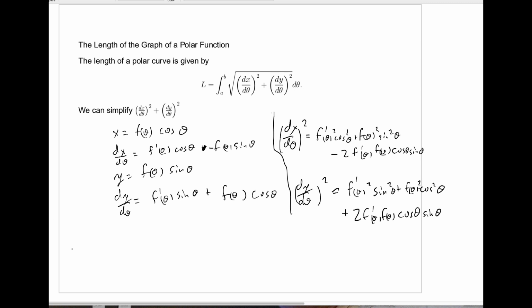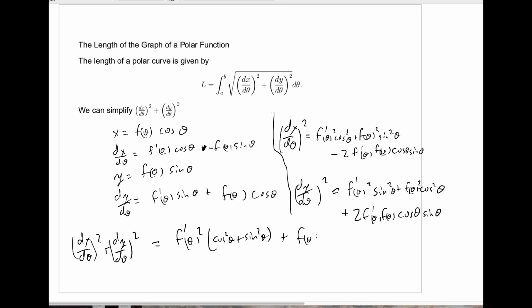When we add these two together, we get the formula that dx d theta squared plus dy d theta squared is all of this plus all of this. Notice that these cross terms cancel, and we just get this term plus this term. The first term from each part gives us f prime of theta squared times, here we have a cosine squared theta, and here we have a sine squared theta, plus using the second term from each, we get f of theta squared times sine squared theta plus cosine squared theta.